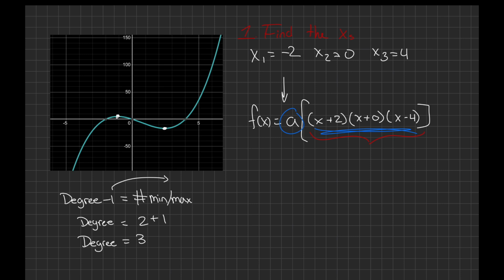And if we look here, we're going to have 1x, 2x, 3x. So once we multiply this all out, it's going to be equal to a times x cubed plus all the other numbers. But all we care about is checking to make sure that the degree here is the same. And so we can see that because the degree is the same, it should work.